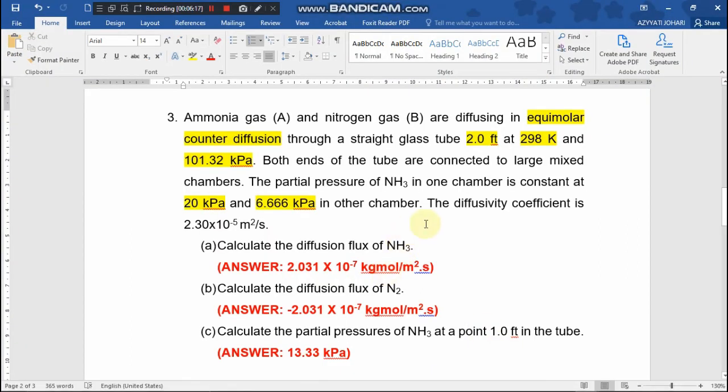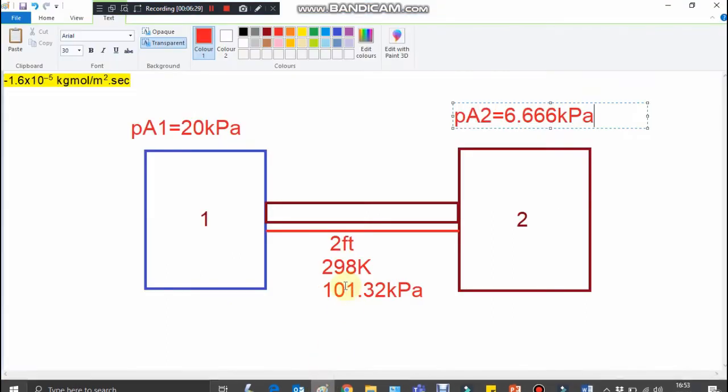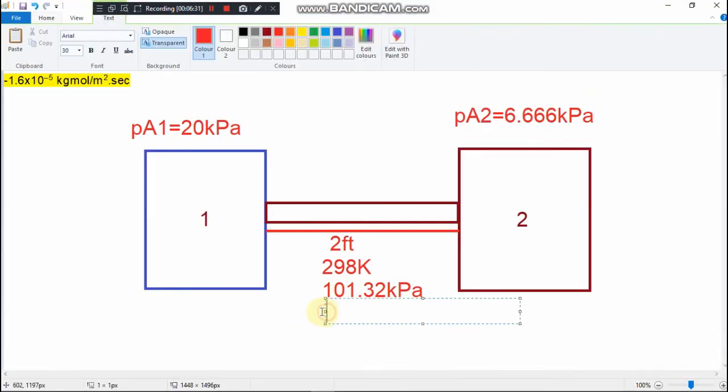Back to the question, the question gives you the diffusivity coefficient. DAB is equal to this value.